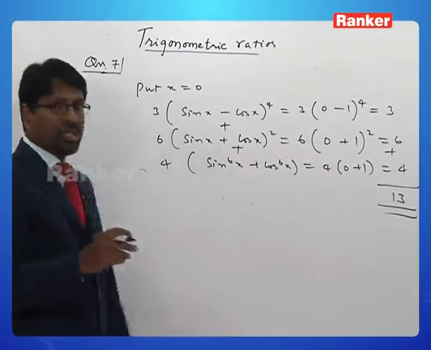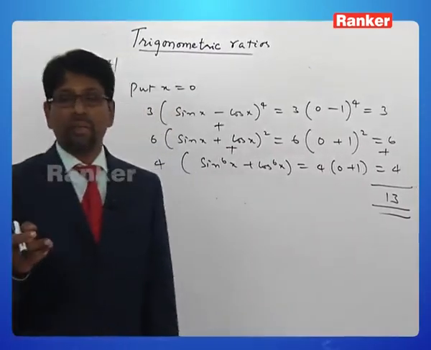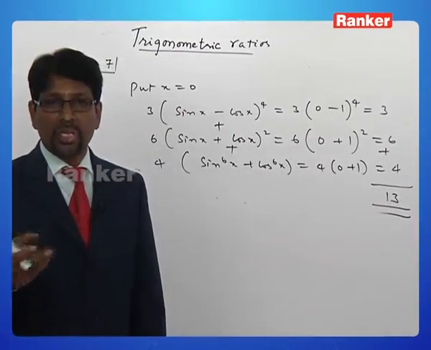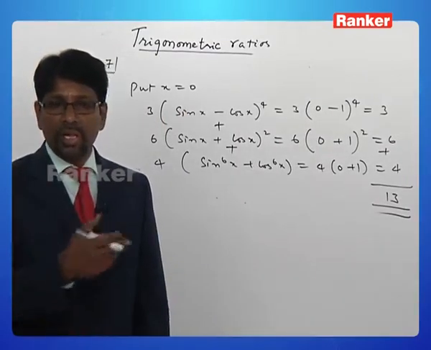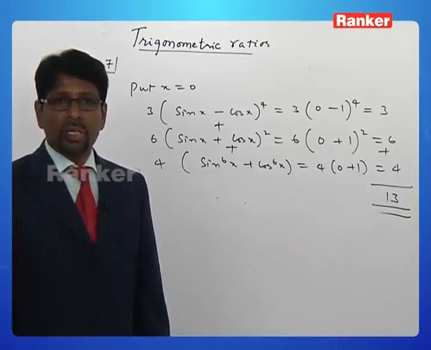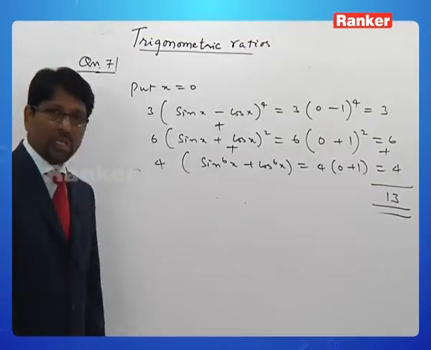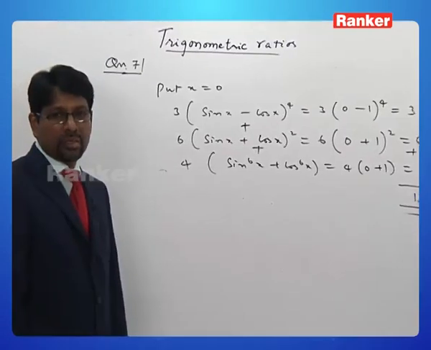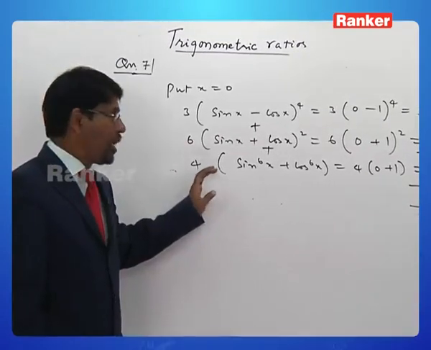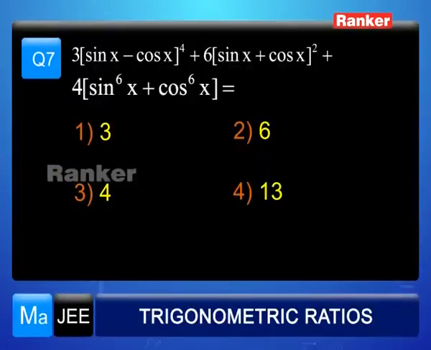You can go by the conventional method of expanding and using sine square x plus cos square x equal to 1 and some identities to simplify it, but it would save time by making a substitution here. Right. So option 4 is the right answer.